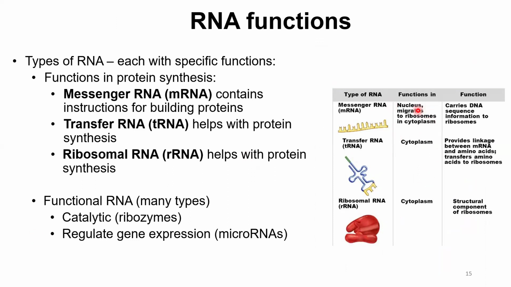So they kind of are in the nucleus, migrates into the ribosomes, and kind of the rest of them are in the cytoplasm. And these provide linkages between mRNA and amino acids for the transfer RNAs, and the ribosomal RNA are more structural components.